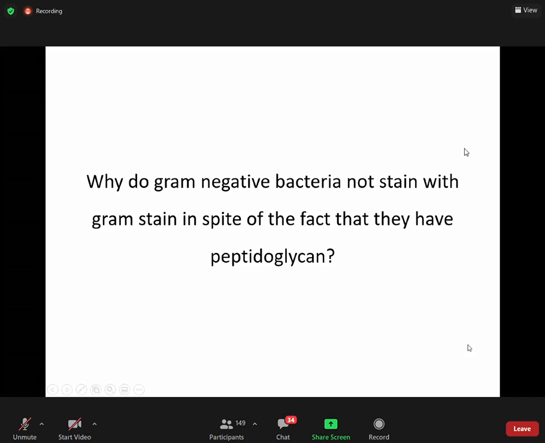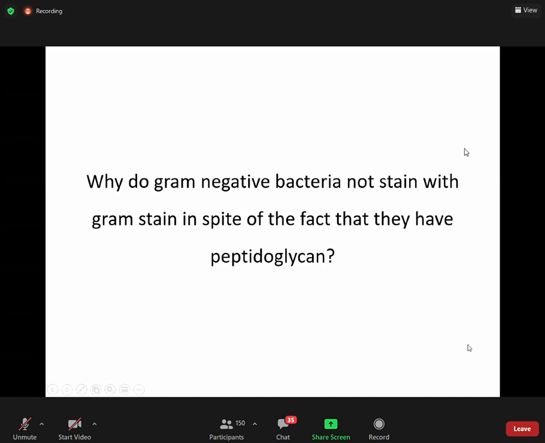Why do gram-negative bacteria not retain the gram stain in spite of the fact that they have peptidoglycan? They will be stained, but then there will be decolorization because the crystal violet and iodine complex is not going to be retained.